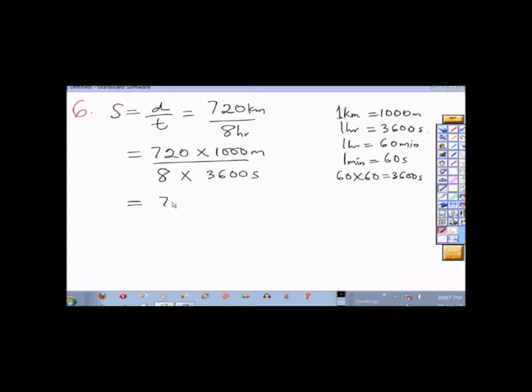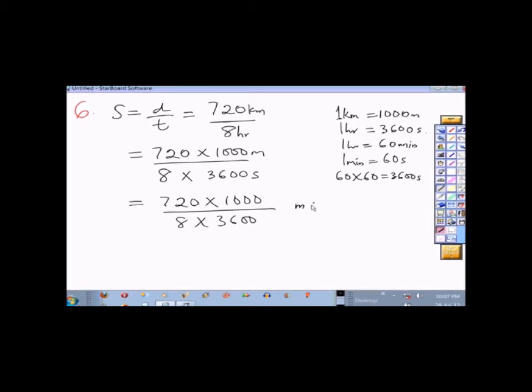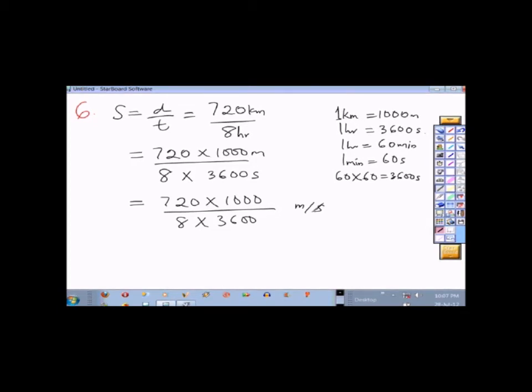So of course, this can now be written as 720 times 1,000 over 8 times 3,600. Now this will give us meters per second. So whatever we get out of these calculations here is what our solution is as required.